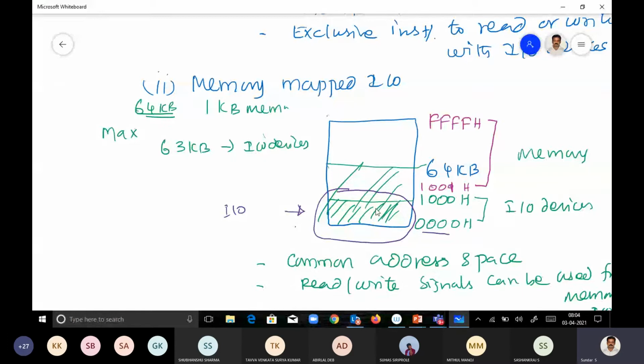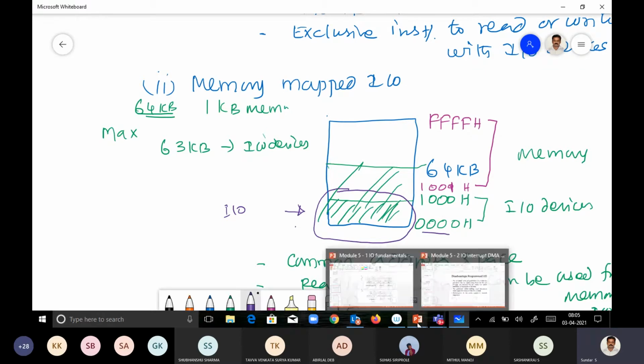That is the memory we have, but below that, we have IO devices. If the CPU sends this address, it goes directly to IO devices. It will not go to memory. Are you getting this point? Any issues in understanding this? This is very, very important, that's why I'm repeatedly asking.